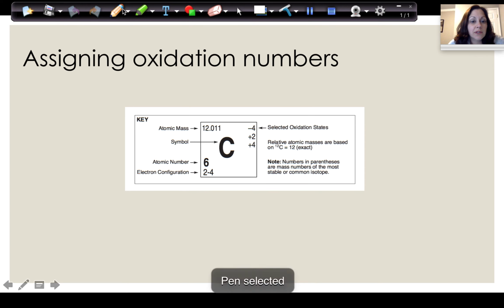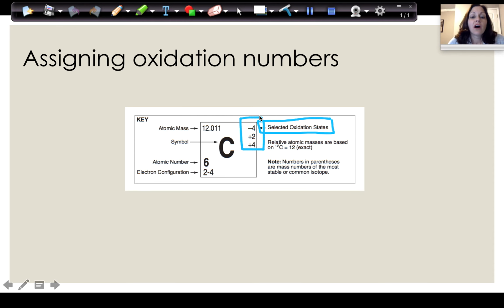So the first thing we talked about in this chapter is assigning oxidation numbers. In order to be able to assign oxidation numbers, you have to know where to find them. If you notice on the periodic table, we have our little key here, found at the top of the periodic table. It says that for every element, a number of selected oxidation states are going to be found in the top right corner of the box on the periodic table.